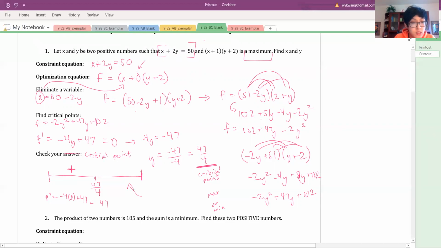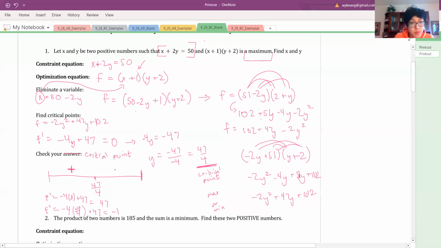Let's say, I could do 12, I guess. 12 would be 48 over 4, right? So f prime is equal to negative 4 times 48 over 4, which is more obviously to the right of 47 over 4, plus 47, and that should be equal to negative 1.